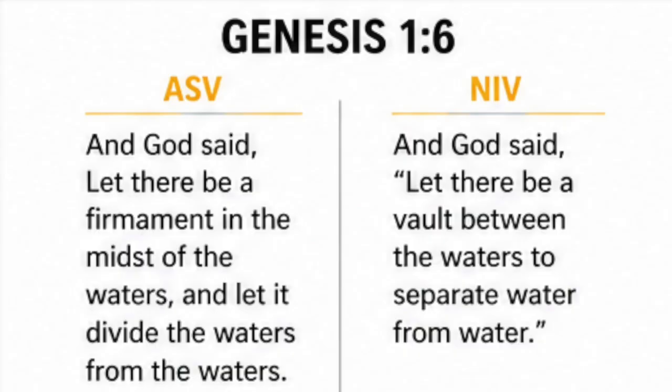Important question: what are the waters above? Different views. Ancient worldview: the sky seen like a dome, waters above equals rain source. And the second, modern interpretation: waters above equals clouds, atmosphere.